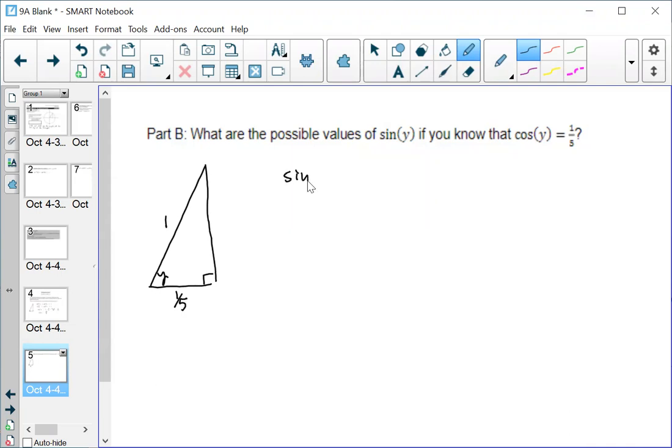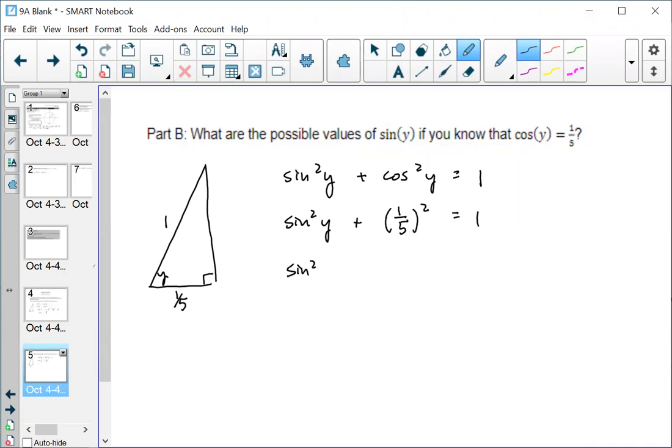So I'll start by writing sine squared y plus cosine squared y is equal to 1. So that means that sine squared y plus, well, we know the cosine is 1/5, and we're going to square it, is still equal to 1.